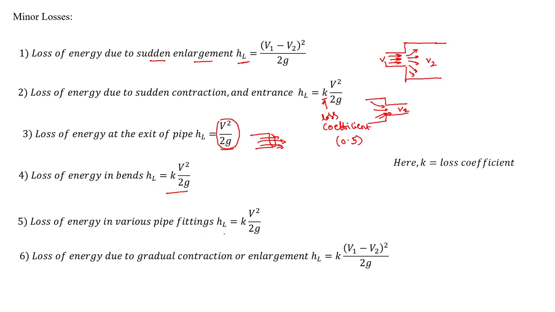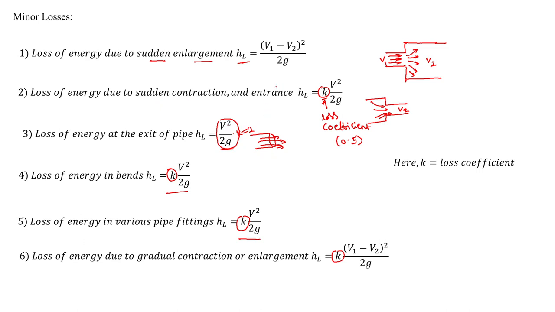Similarly, loss of energy in various pipe fittings. Here k represents the loss coefficient, which varies from loss to loss. In the case of sudden contraction entrance, it is 0.5. For exit of pipe, it will be 1, so if I want to put k, I can keep k as 1. For energy in bends, we have some loss coefficient. Similarly, various pipe fittings will have different coefficients. So for each type of phenomenon, we have a different kind of loss coefficient.